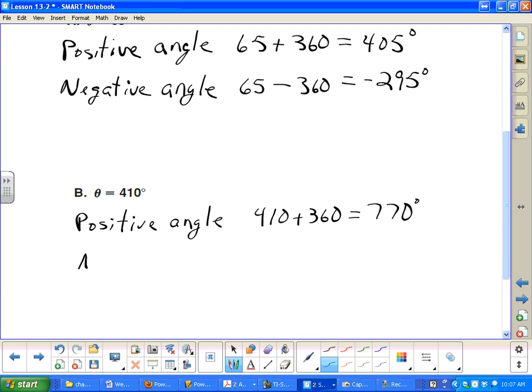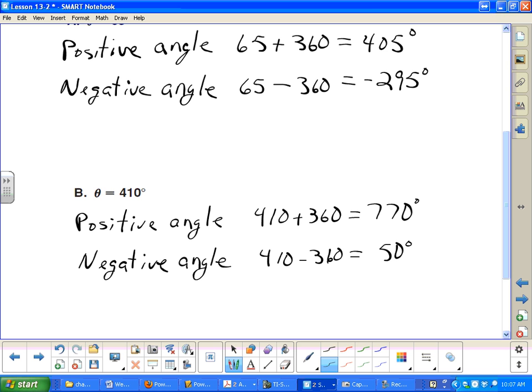Now to find our negative angle, we can subtract 360 degrees. And now that equals 50 degrees. Well, that's still positive. So actually, I could have used either one of these two to find my positive angle.